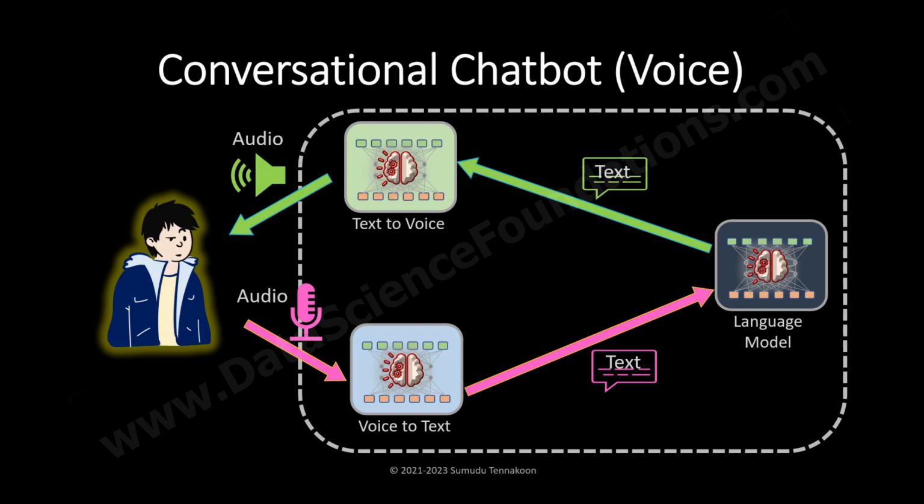You send audio, internally it is converted to text, the language model understands it and generates the answer for you, and that answer is translated back to voice using this third model, and then the output will be received by you as voice. This is a conversational chatbot with a voice interaction with the user.